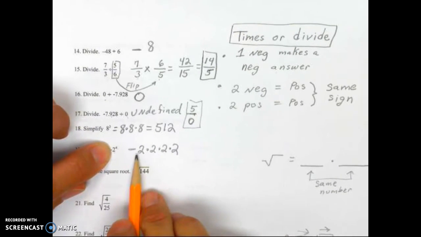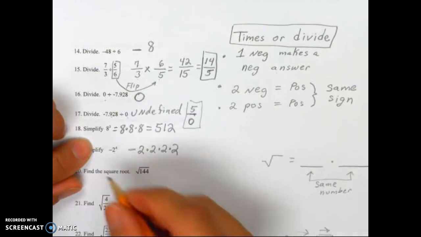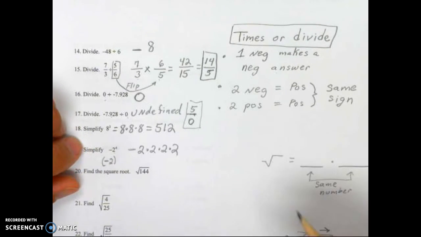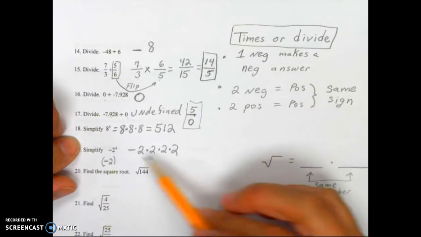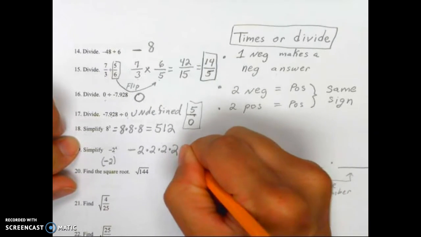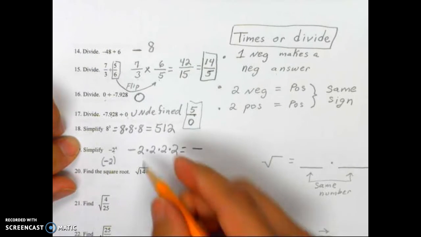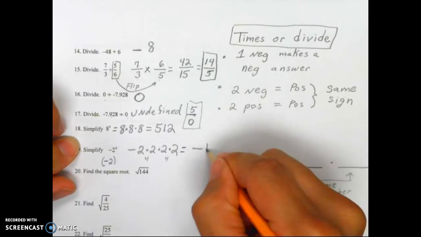You see how you repeated just the number 2, not the negative sign? To repeat the negative sign, they would have had to put it inside parentheses, but they did not. So again, if you have one negative, it's going to make the whole answer negative. So this is going to be a negative. Type in the calculator 2 times 2, which is 4. 4 times 4 is 16.